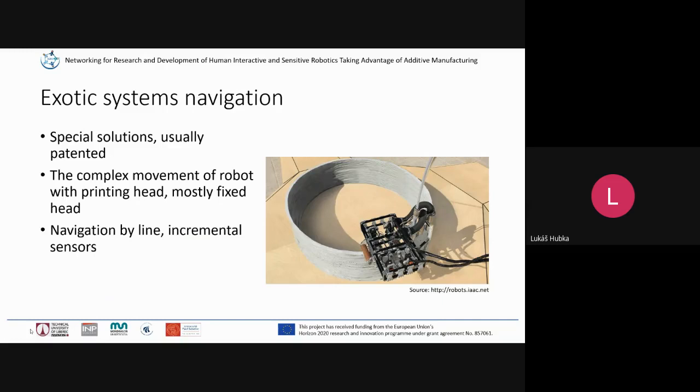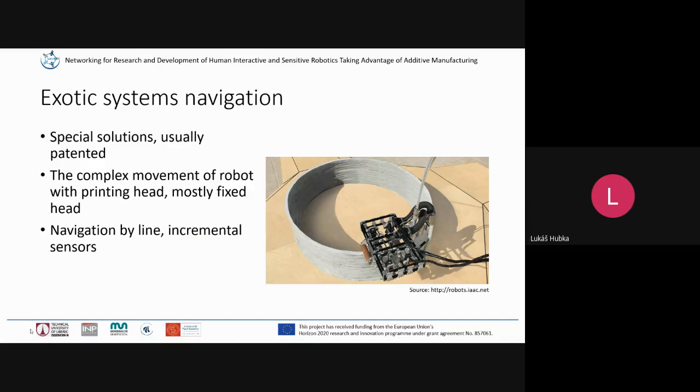As I said in the beginning, I also have some systems which I mark as exotic. You can see one exotic system on this picture. What does it mean?